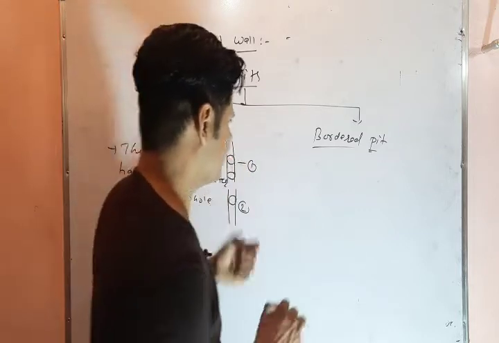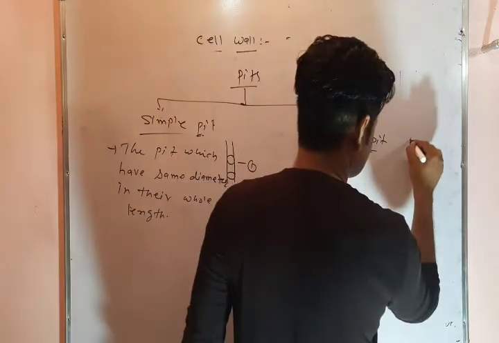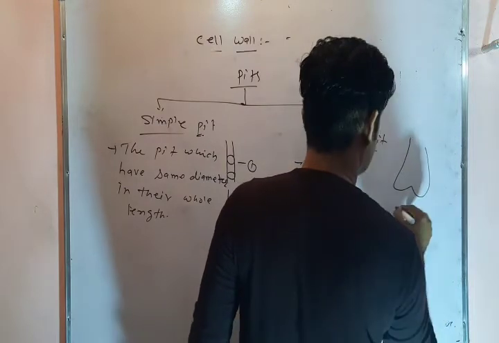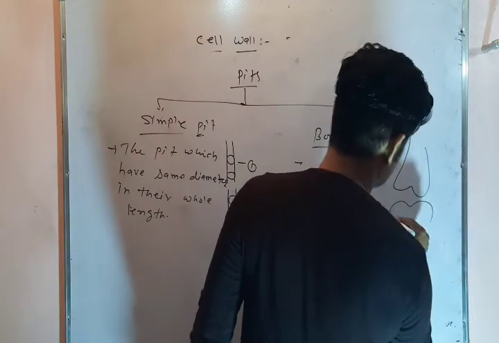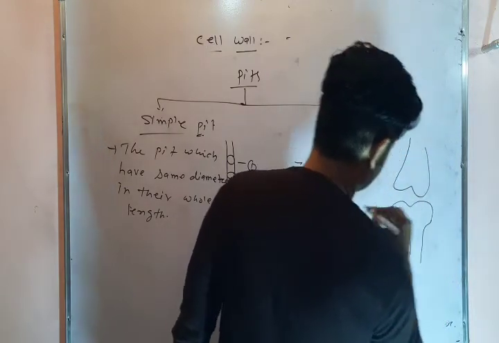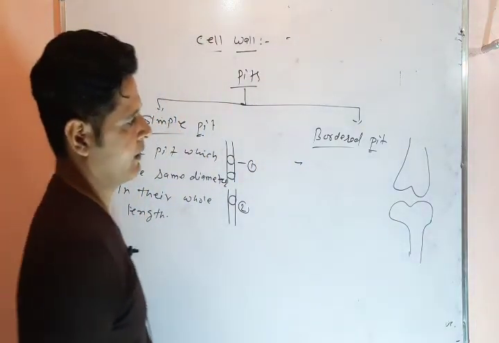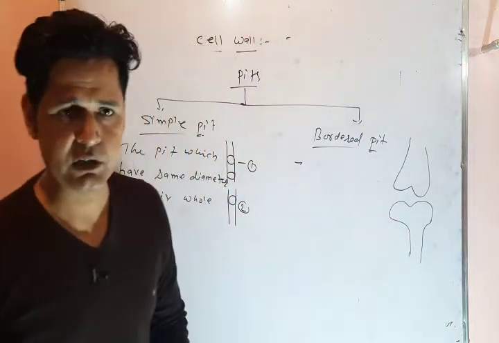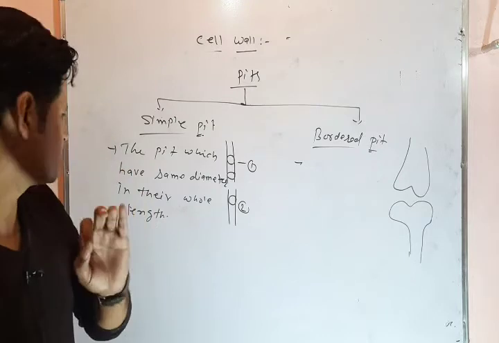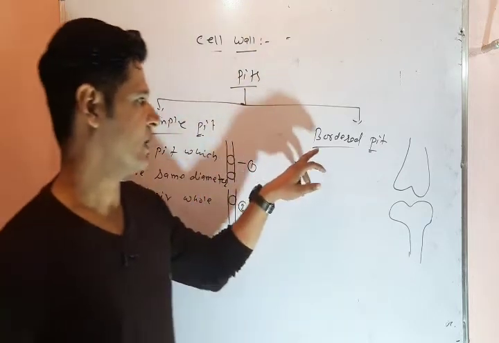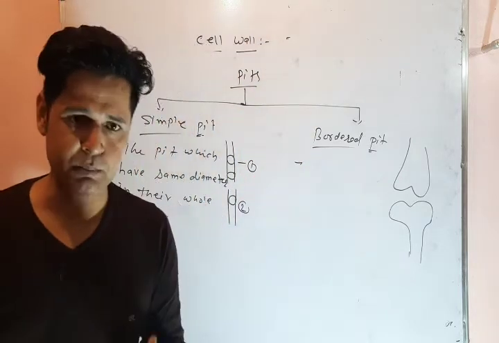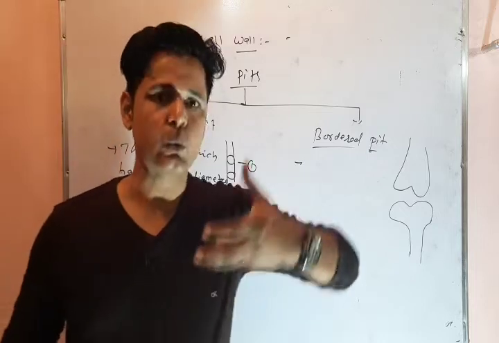But in a bordered pit, this is the diagram of a bordered pit. It means the diameter of the bordered pit is not uniform, it is not the same. So the bordered pit diameter increases from inside to outside.